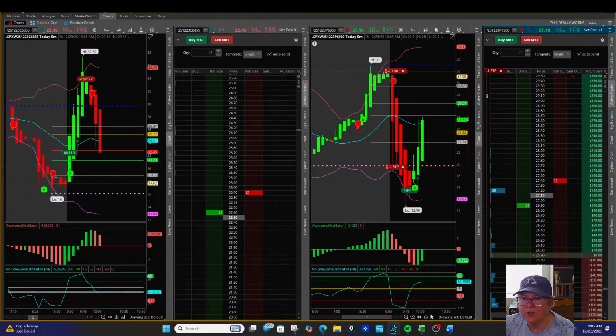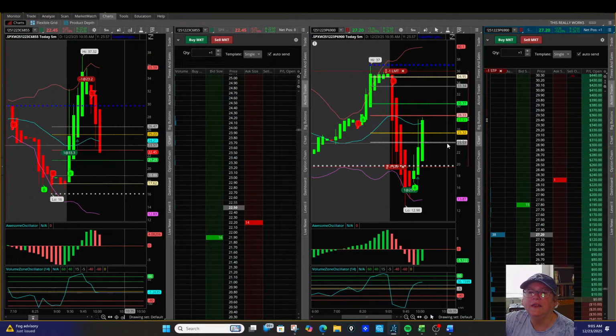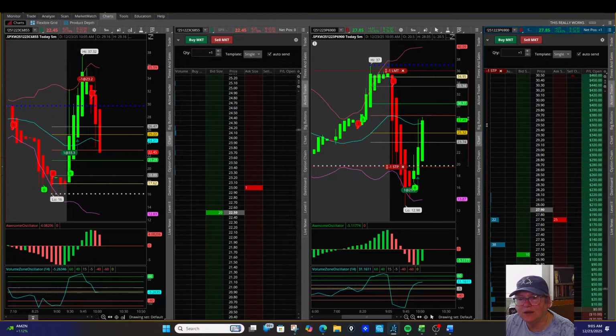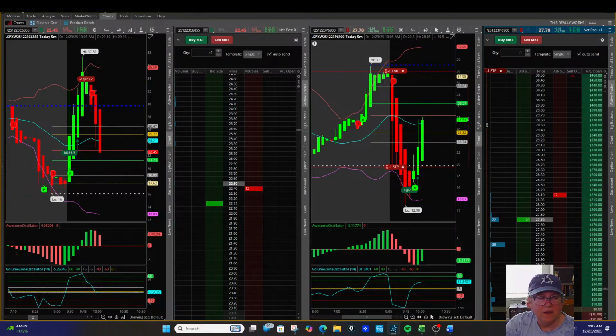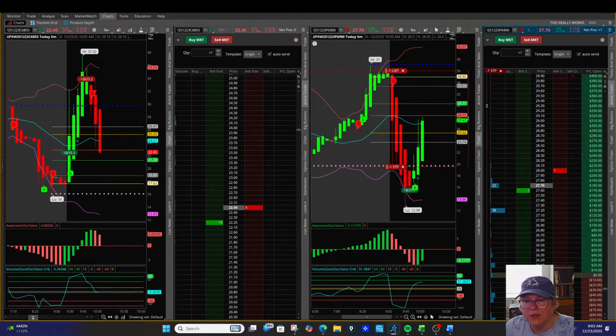And this is pushing through this red line, which is 28.33. When it pushes through there, I'm going to look for it to reach the next resistance line, which is the green line. We just keep looking for those points where it can break through.